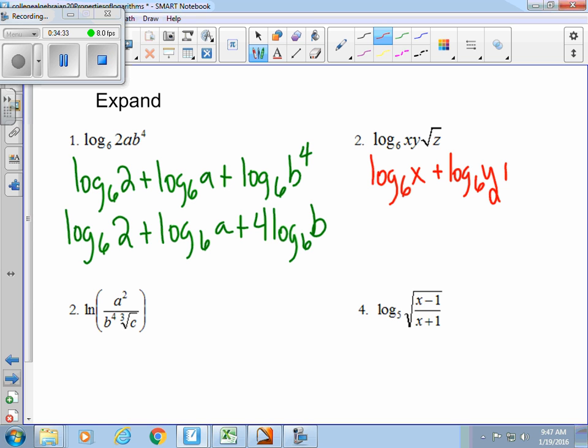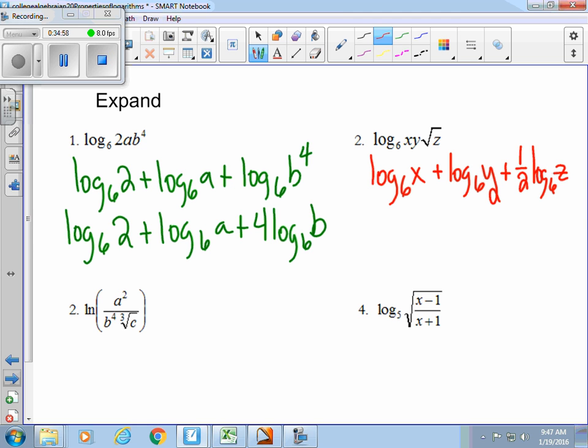Plus 1/2 log base 6 of z, and I did skip a step there. You don't want to skip that step. That's okay. What step did I skip? I went ahead and extended it down because that's how James read it to me. If you don't want to do that yet and you want to leave it as the square root of z and then pull it out later, that's fine. Any questions about that one?